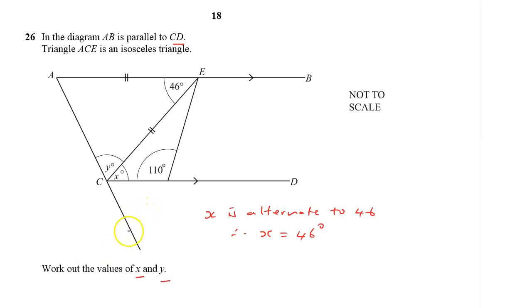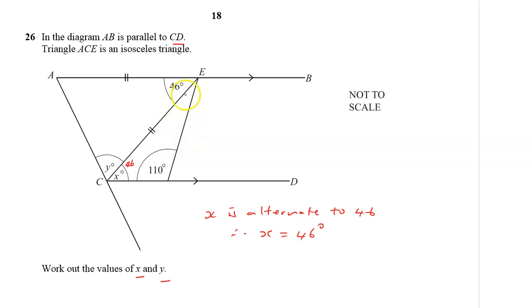And then, of course, we need to work out y. If this is 46, then this is a triangle here. The sum of the angles in a triangle adds up to 180.